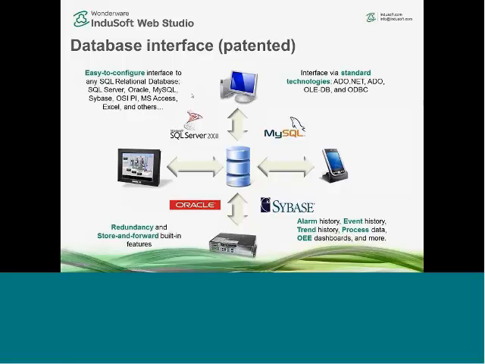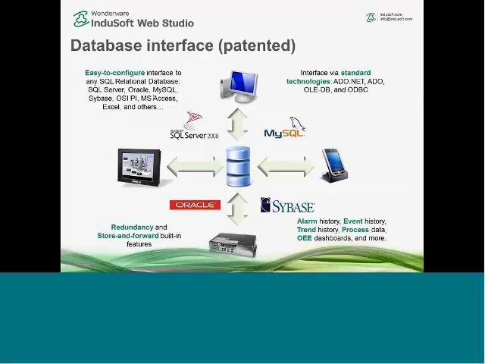Briefly on our database connectivity, and you'll see why I'm talking about databases in the next few slides, when talking about some of the trends in packaging. We can get information from really any SQL database, whether it's Microsoft SQL Server, and if you didn't know, Microsoft has SQL Server Express, which is free.